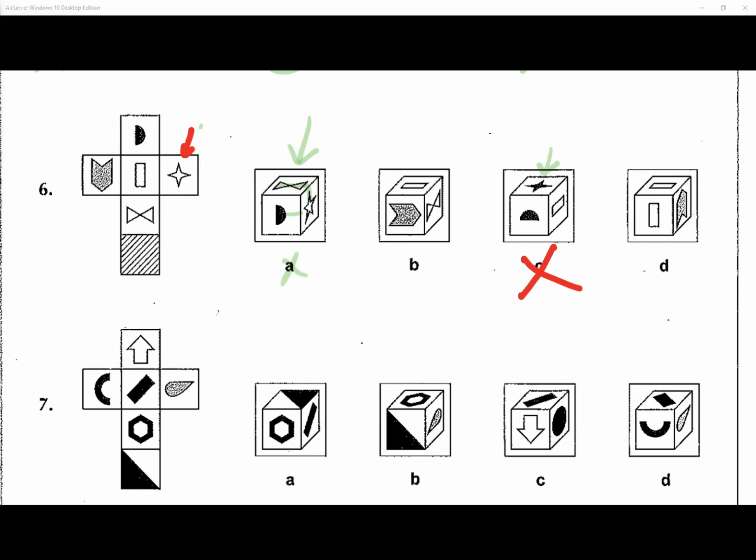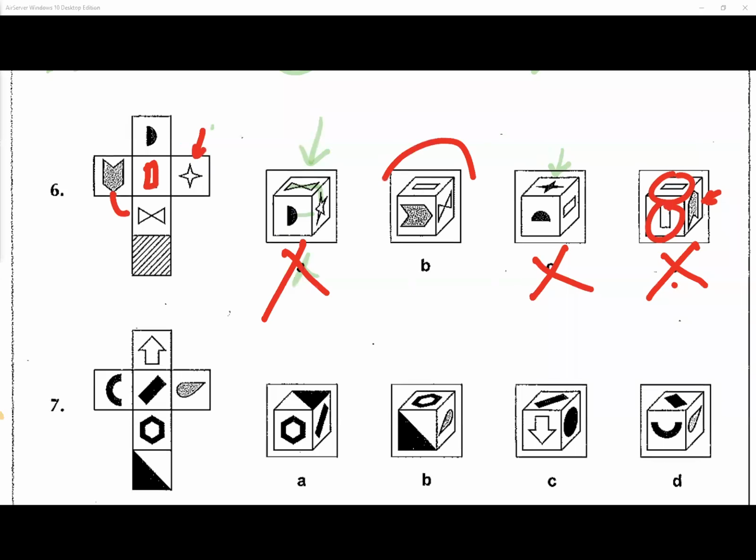Now for D, we have this shaded shape pointing towards the rectangle, and then there's another rectangle again. We can't have two rectangles. We've only got one in the diagram, and there's no way it will point that way when you fold the shape. This shape will point towards that shape, and it won't point towards the rectangle which is on the side of it. So that's wrong. It has to be B.